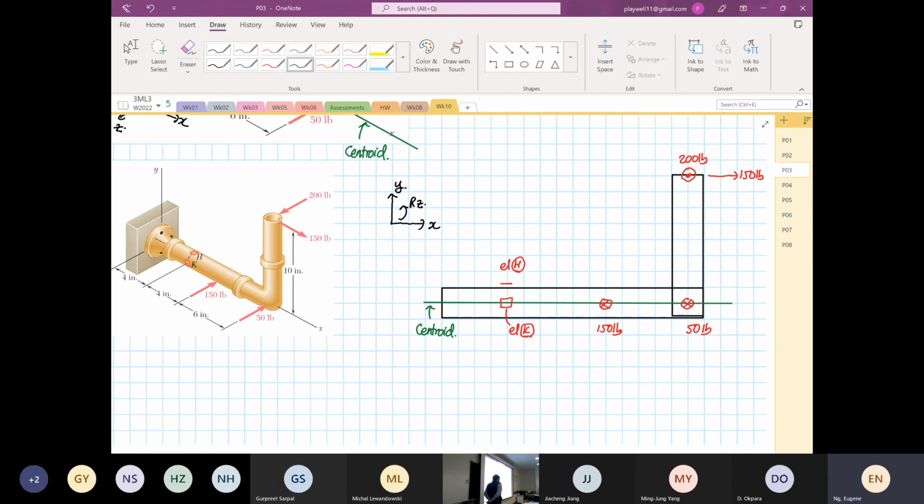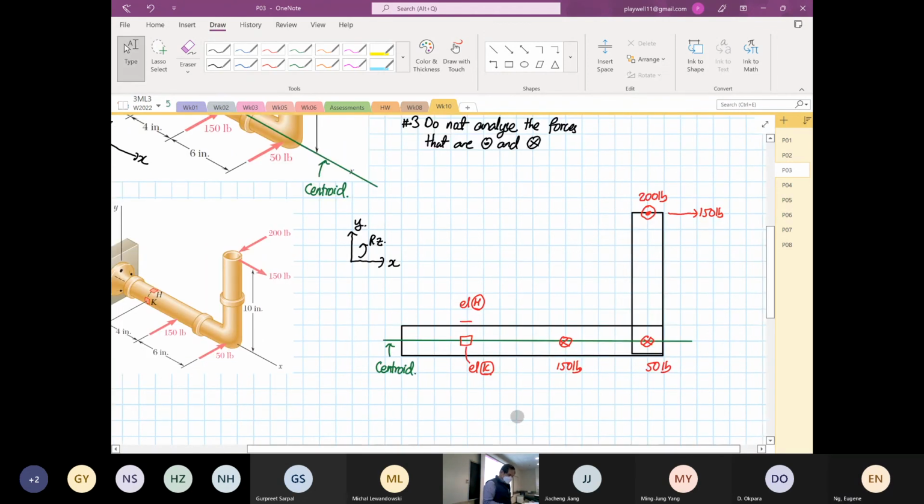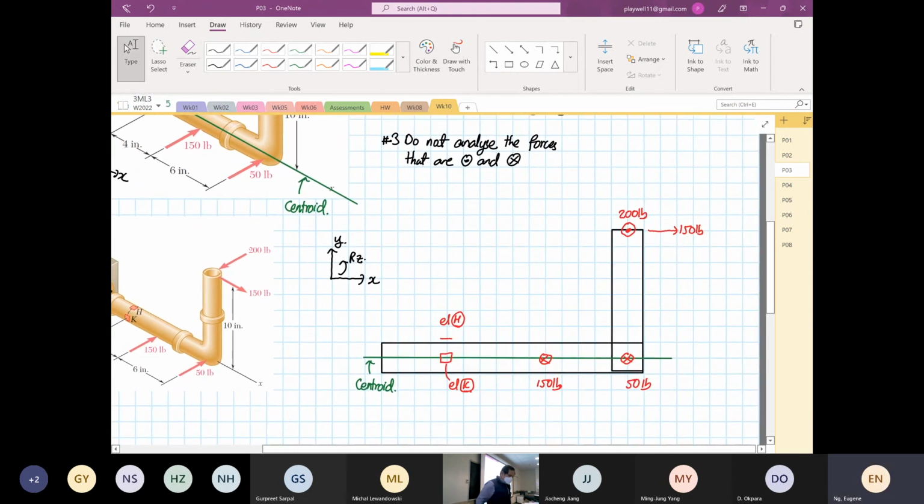The centroid is very important. So rule number 3 says, do not analyze the forces that are the cross.